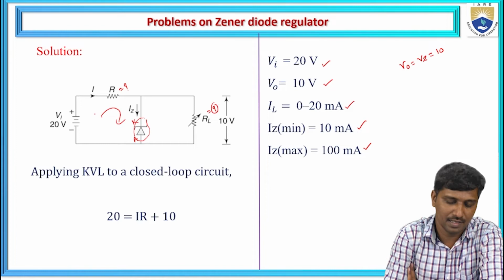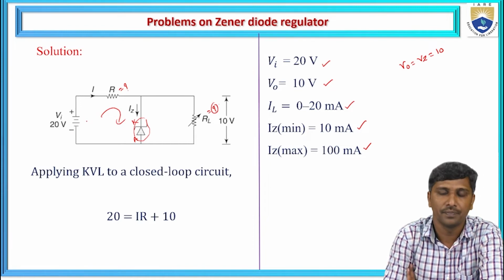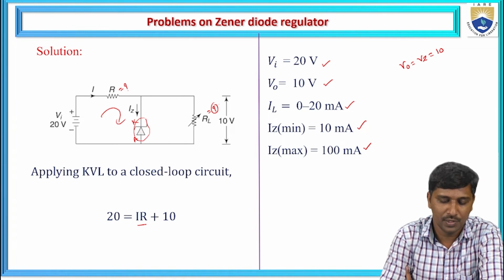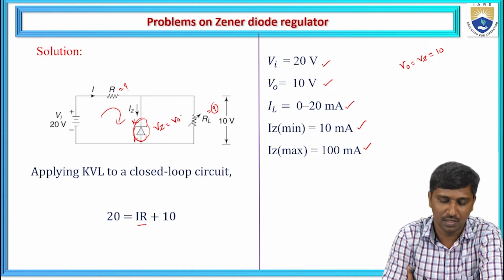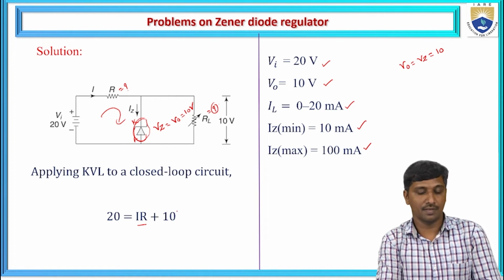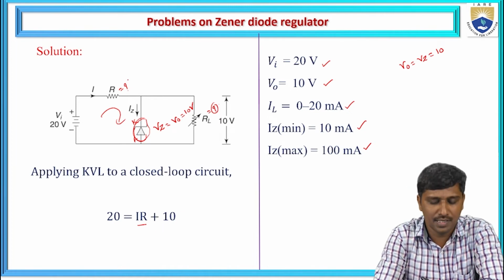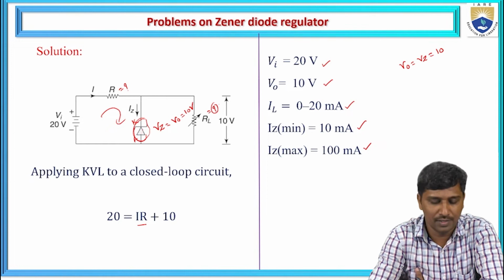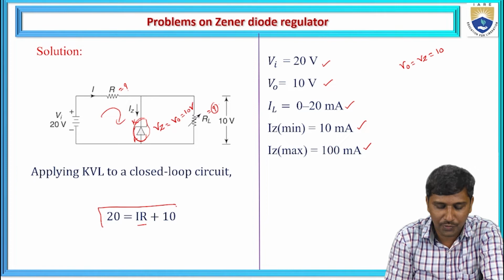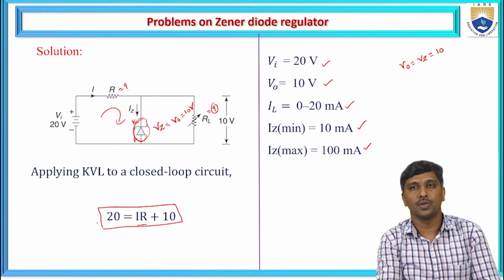So if you apply the KVL analysis to this closed loop circuit, 20 is equal to the voltage drop across this resistance, represented as I into R, plus the voltage drop across this Zener diode, that is equal to V0, which is 10 volts. So the summation of the voltage drop across the resistance and the voltage drop across the Zener diode is represented as 20 is equal to I into R plus 10.